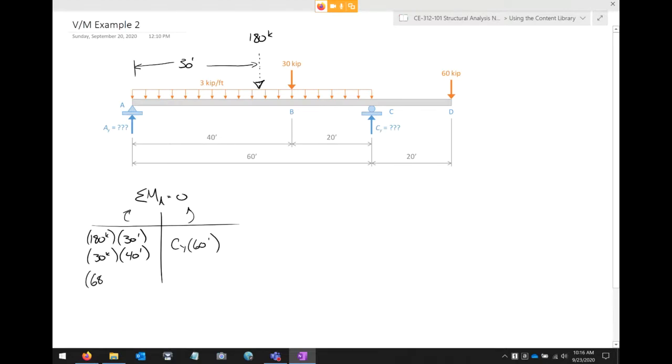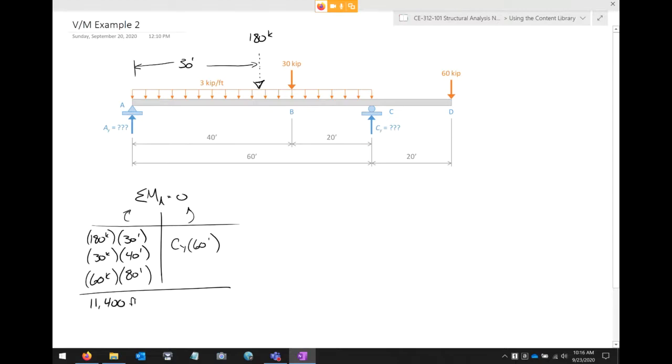And just to make sure everybody's paying attention, 60 kips, might have given it away. What's the moment arm here? 80. There we go, 80 feet. Okay, so we do 180 times 30 plus 30 times 40 plus 60 times 80, and you should get 11,400.